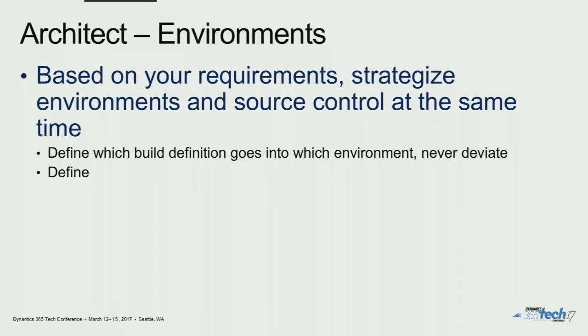From an environment perspective, same thing there. You want to strategize a little bit about how your source control relates to those environments. Like I said, a simple branching strategy of dev, main and test, or dev, main and release. You still have the question of, do I deploy my dev branch to a test environment, or do I deploy my main branch to an environment?